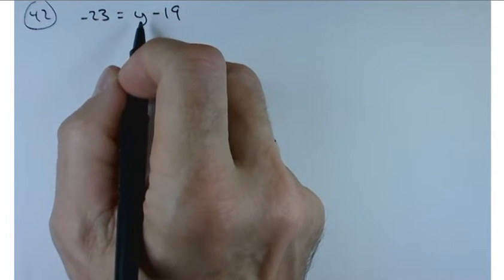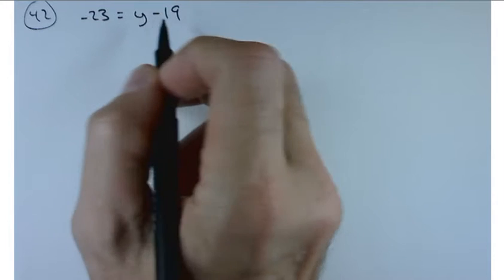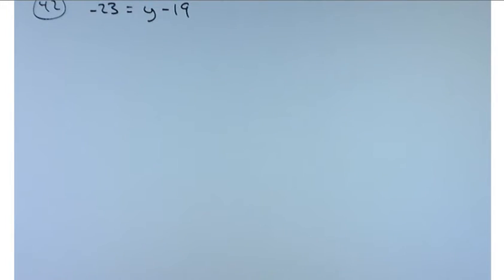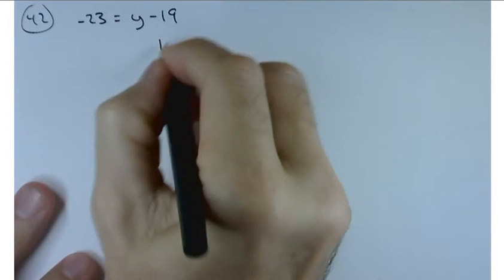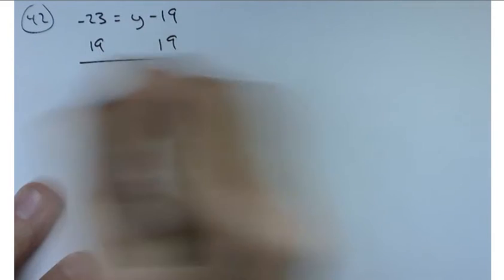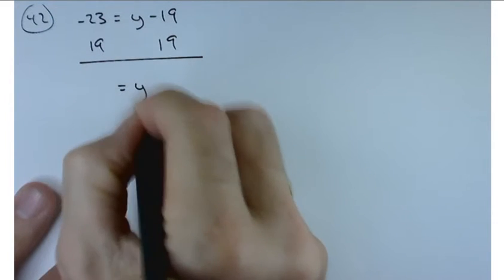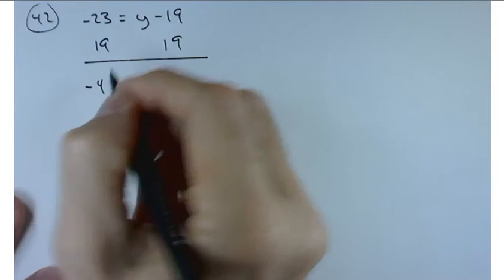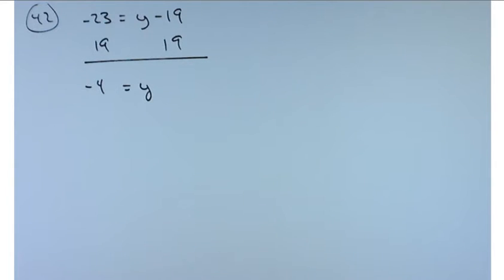What's being done to the variable? You're subtracting 19. So let's do the opposite. What's the opposite of subtracting 19? Adding 19. So let's add 19 to both sides. On the right-hand side, we get a y, because the 19 and the negative 19 cancel each other out. What about the left-hand side? What do we get? Thank you. Negative 4. All right, good deal.